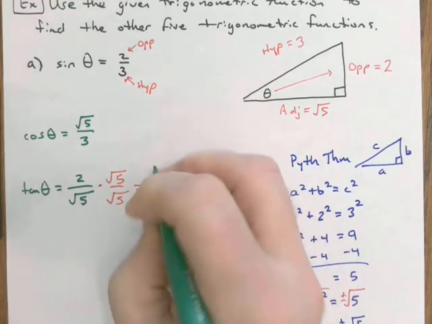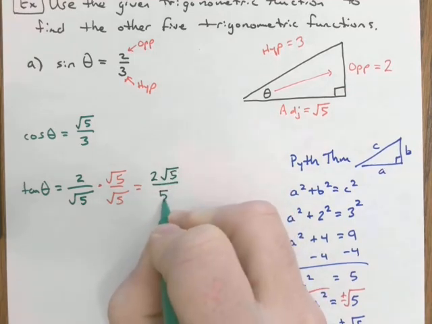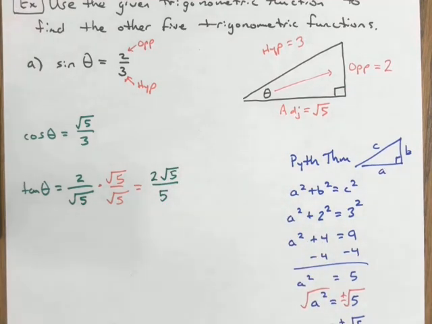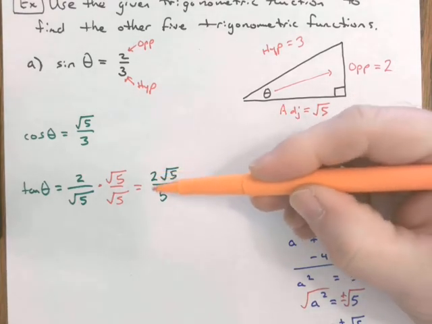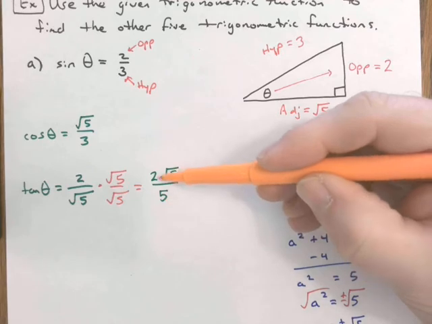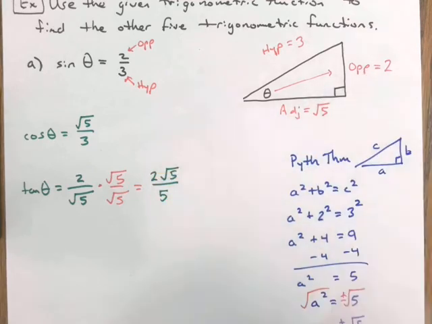I end up with 2 root 5 on the top, square root of 5 times square root of 5 on the bottom, which would give me just a plain old number 5. And then I want to look at those regular numbers there, the 2 and the 5 on the top and the bottom, and see if they reduce, but the fraction 2/5 does not, so that is my best answer for tangent of our angle theta.